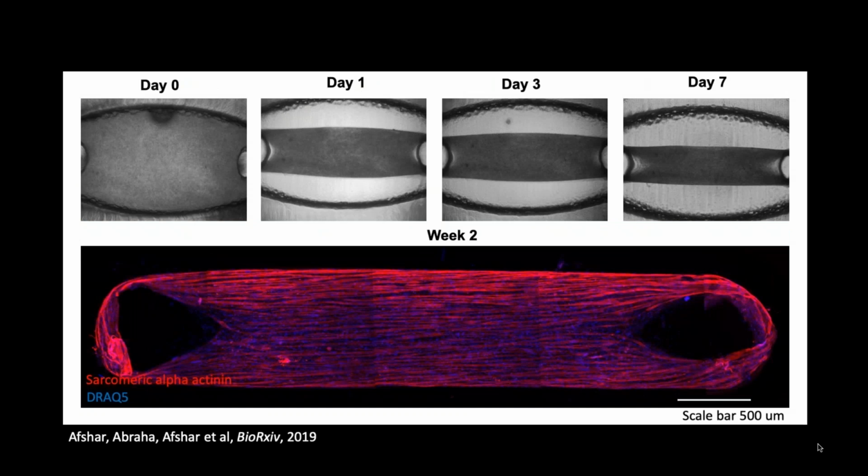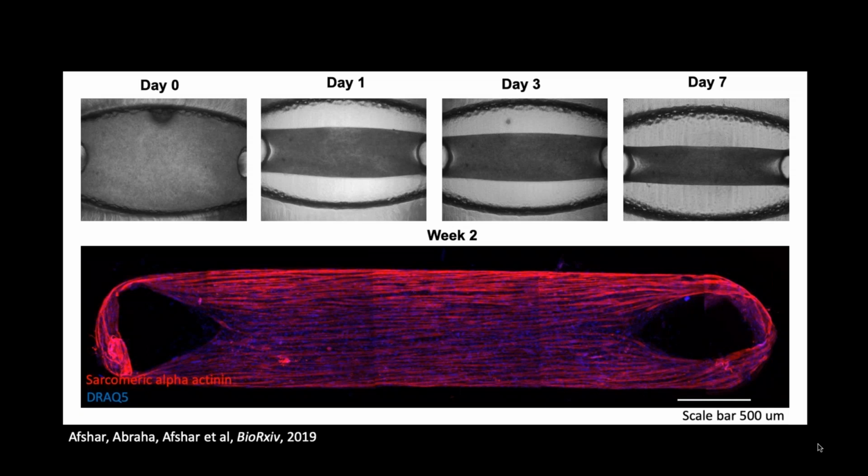You can see in the bright field images on the top, at day 0, we're looking down into the well, and you're seeing a portion of that little oval, and you see that the cell slurry is spread evenly inside that little oval, and you can see little hints of the rubber posts on either side of the image.